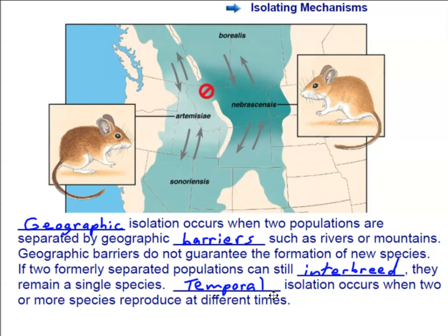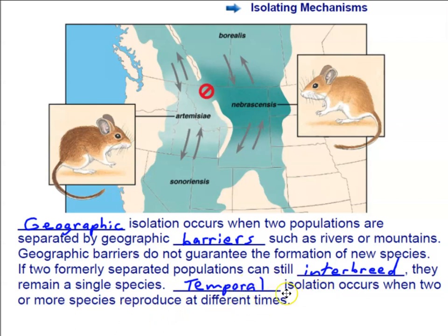So maybe they open at different times due to a mutation, and therefore it splits the population in two. So they're mating at two different times, and eventually that keeps them separate. They're breeding separately, and if they remain separate for long enough, allele frequencies change and they evolve in different directions, and eventually they can't interbreed with each other again, and then they are new species.